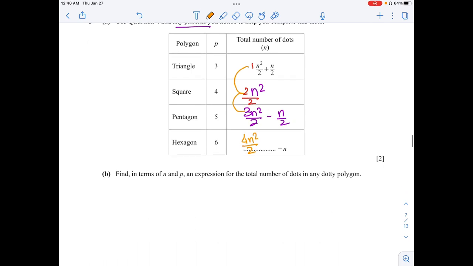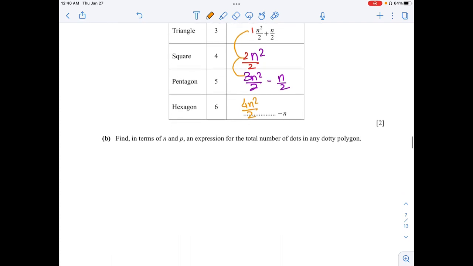Find in terms of n and p an expression for the total number of dots in any dotty polygon. So now we have to find a formula for this one. So again, we have to find a pattern over here. How should I find a pattern over here? So we know that it is n square upon 2 plus something with n upon 2.